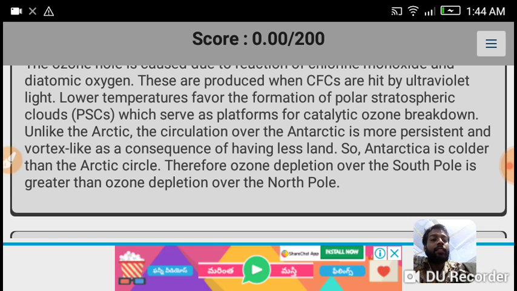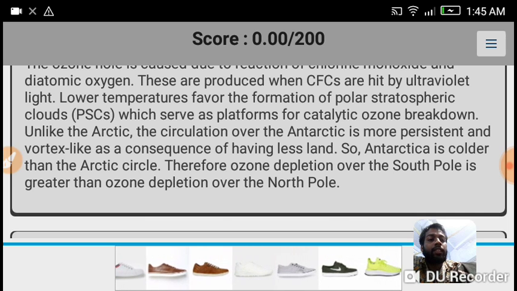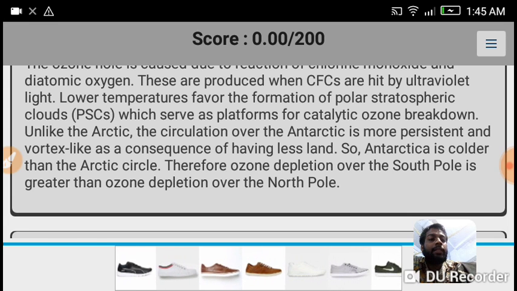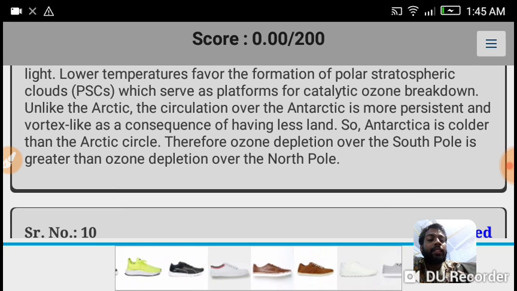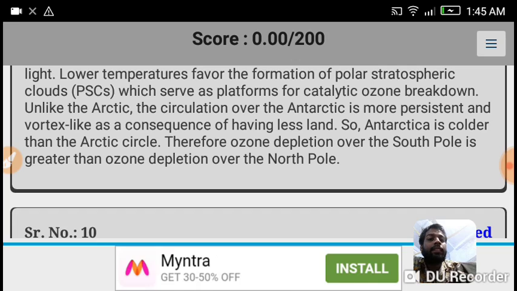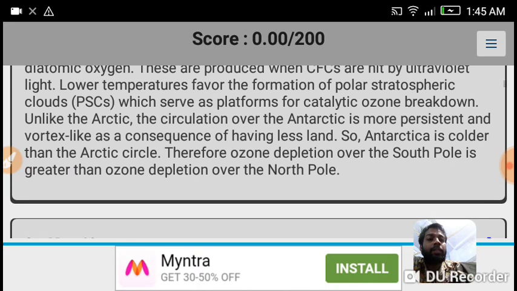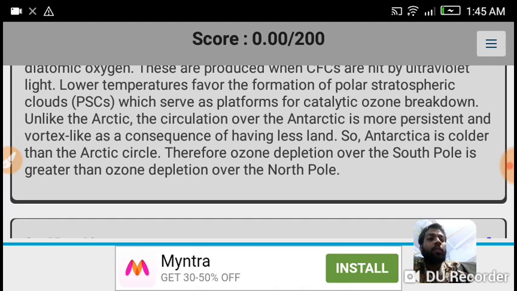Unlike the Arctic, the circulation of the Antarctic is more persistent and vortex-like as a consequence of having less wind and less land. So the Antarctic is colder than the Arctic. Therefore, ozone depletion over the South Pole is greater than over the North Pole. Please remember, low temperature favors the formation of polar stratospheric clouds, which serve as a platform for catalytic ozone breakdown.